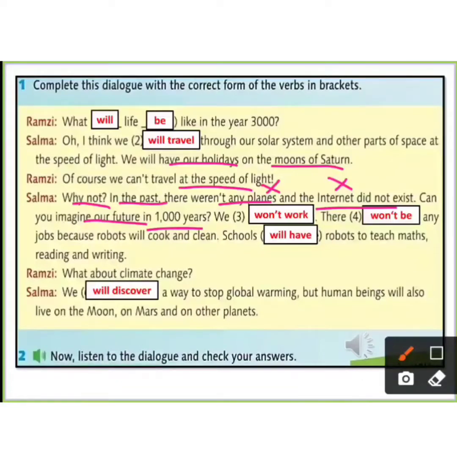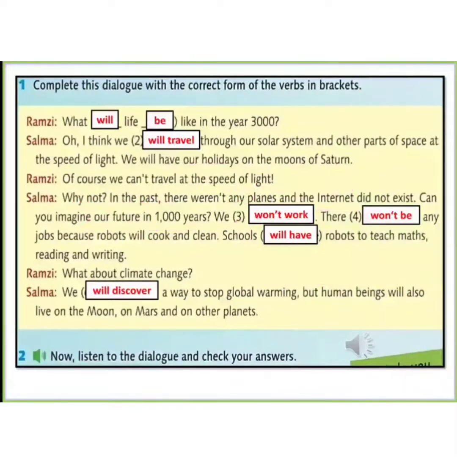We won't work. And this is the negative form. We won't. Okay? Won't is the short form of will not. So we won't work in the future. We won't work.